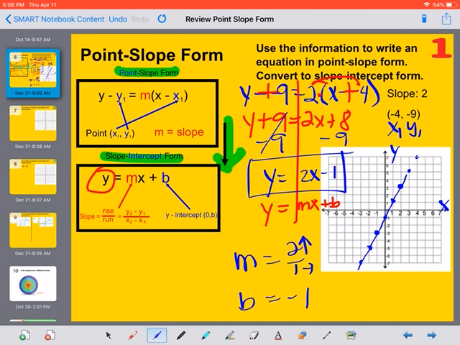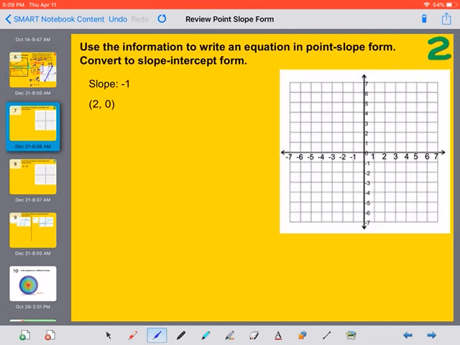And draw your line through it. We have graphed the point negative 4, negative 9, and it has a slope of 2. Graph that equation. We're going to try another one exactly like this.